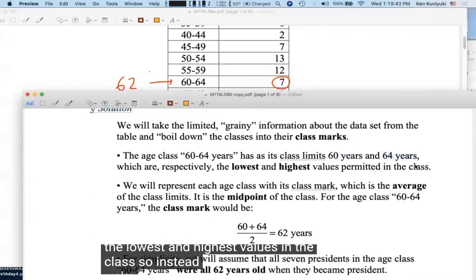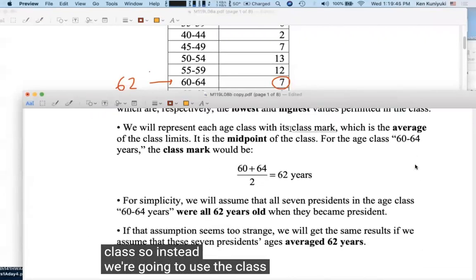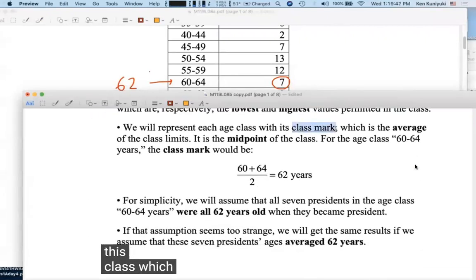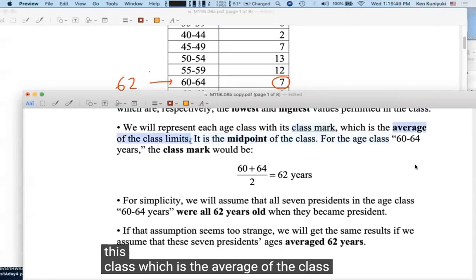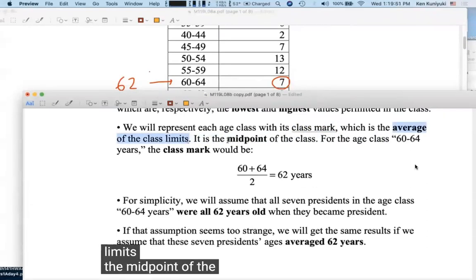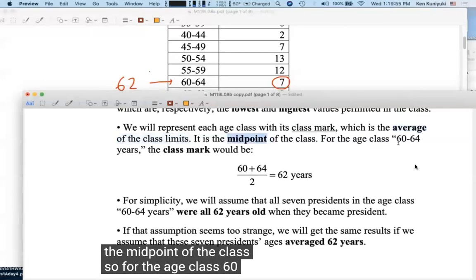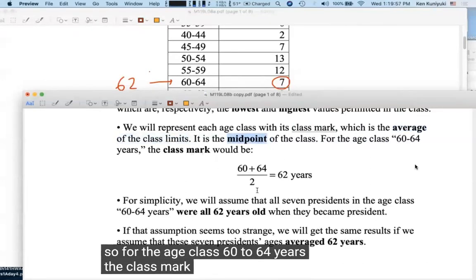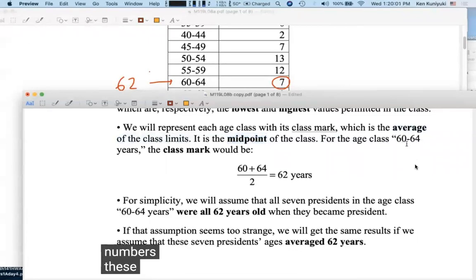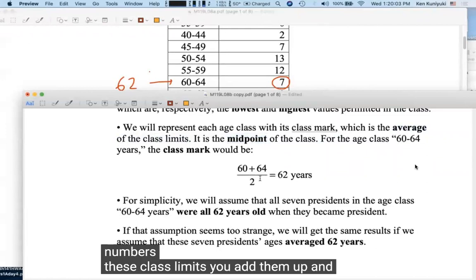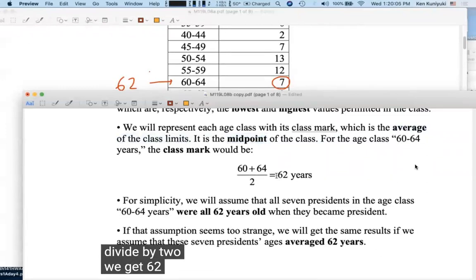So instead, we're going to use the class mark for this class, which is the average of the class limits, the midpoint of the class. So for the age class, 60 to 64 years, the class mark would be the average. Again, how do you take the average of 2 numbers, these class limits? You add them up and divide by 2. We get 62 years.